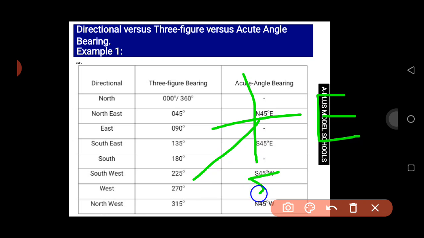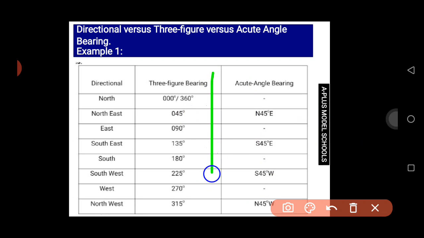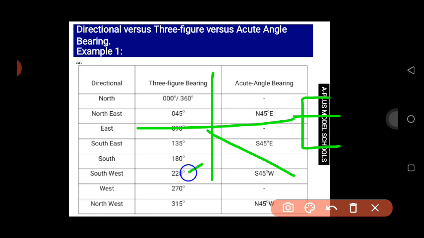Now the next one, which is the southeast. So this is south, this is east, and this is south. So if I have southeast, it is here, between east and south. Now if I want to locate my 3-figure bearing, I'll read from the north pole to where this line is.